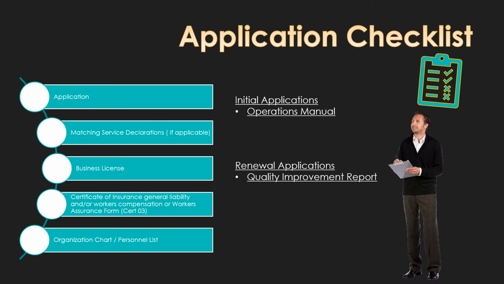Please review the application guidance for additional information regarding the required certificate of insurance. A complete organization chart for the business, and initial applications will need a complete operations manual, and renewal applications will require the Quality Improvement Report.